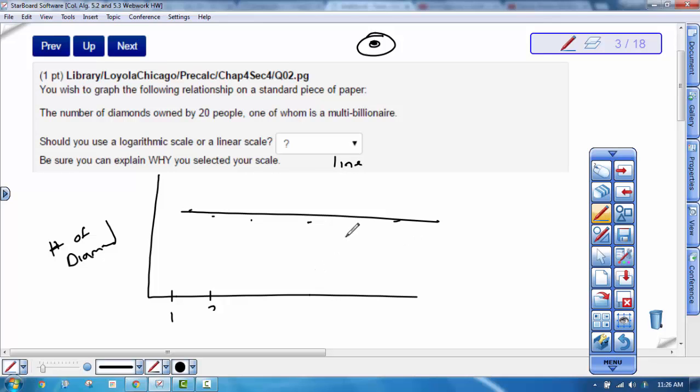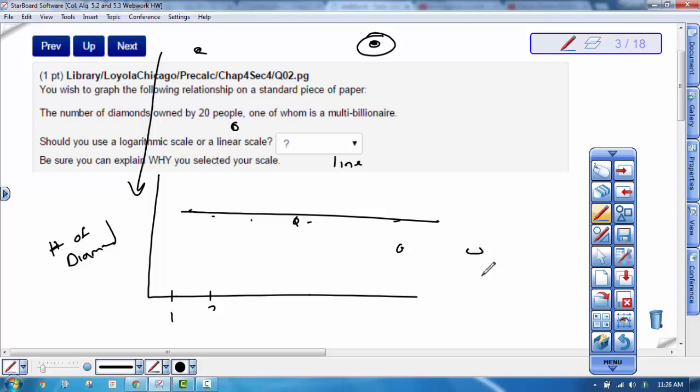But keep in mind that if you had varying degrees of socioeconomic status, if you have a millionaire, a billionaire, and so on, then you probably want to use logarithmic because the data would look something like this. In which case you'd want to bring this axis down essentially to make it more linear.